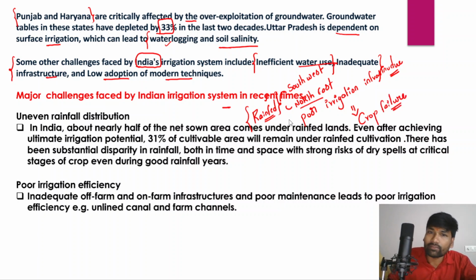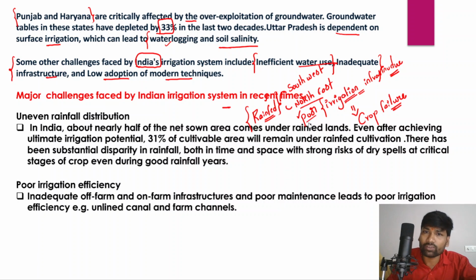When we have a robust and resilient irrigation infrastructure present across different states, farmers do not necessarily depend on the rainfall, right?